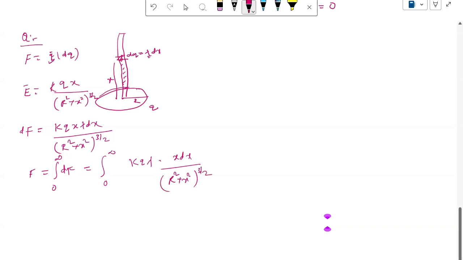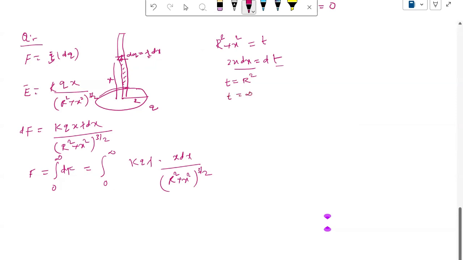Either by the U by V method you can do it, otherwise here let's consider R square plus x square is equal to t. Then 2x dx is equal to dt. So x dx is substituted, and the limits: x equal to 0, t is equal to r square; x equal to infinity, t is also infinity.